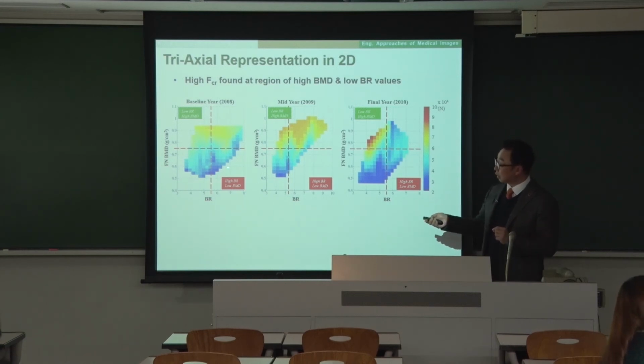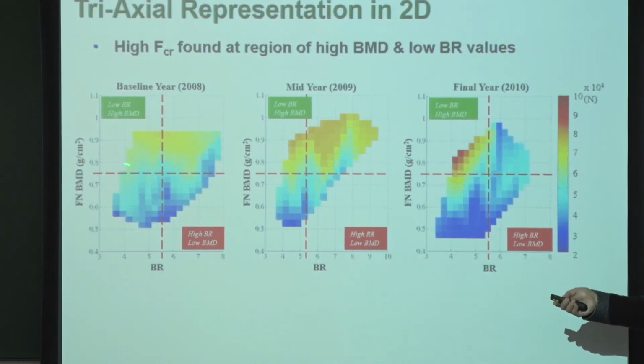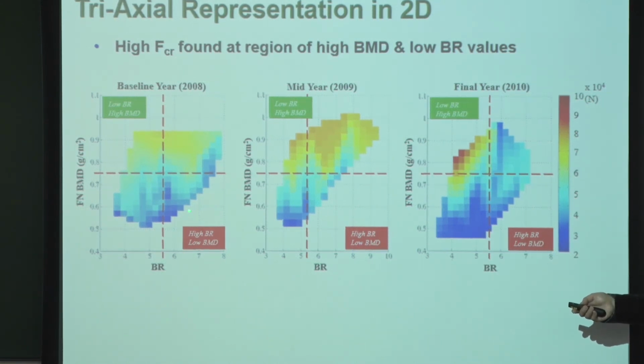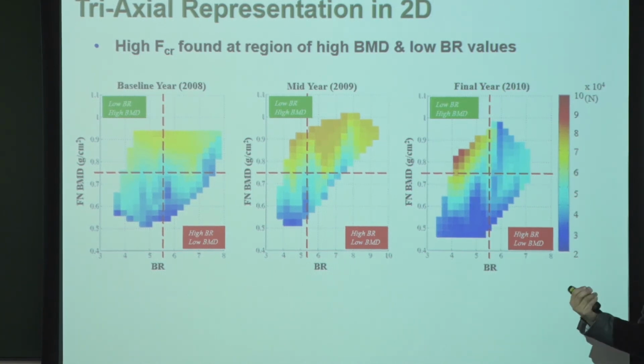You see that in the second quadrant the bone is getting stronger, and in the fourth quadrant the bone is getting weaker. So there are some subjects like that. If you look at the location or area of the blue color, as we are getting old, 2008 versus 2010, the area of low bone mineral density is getting bigger, meaning that they are getting older.